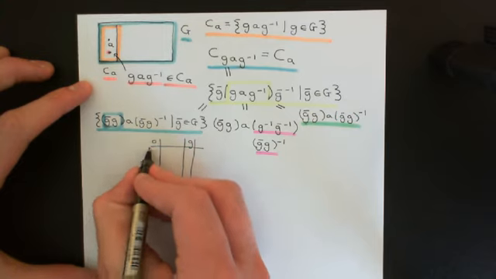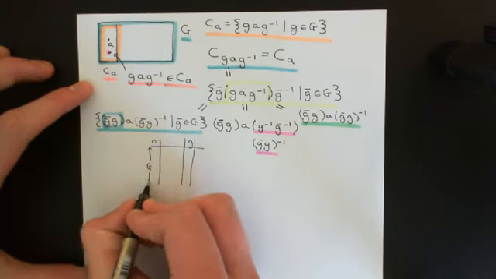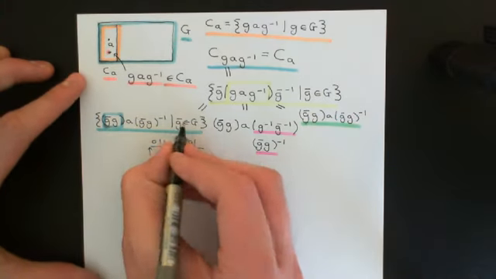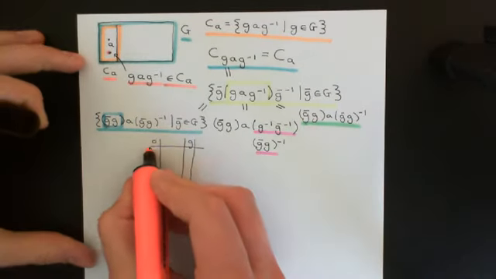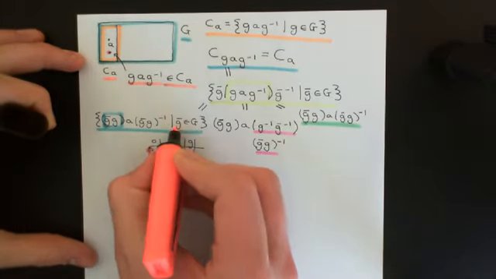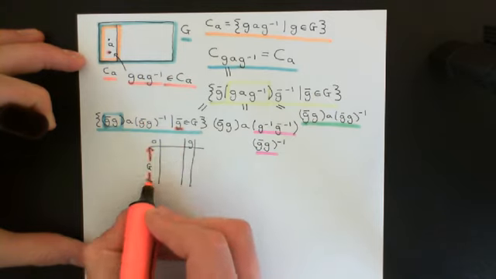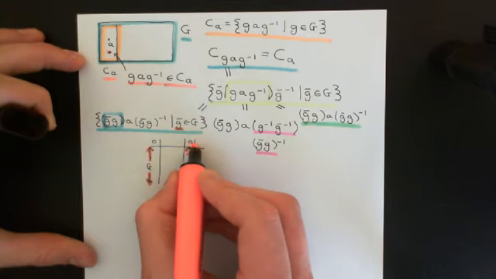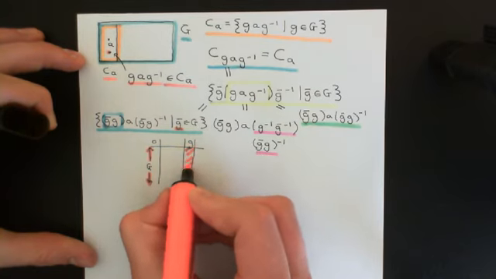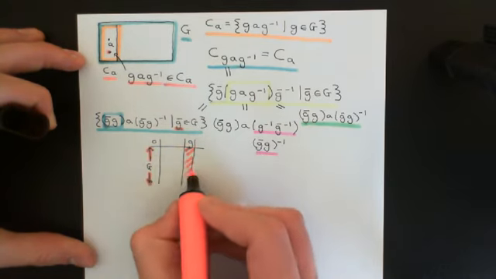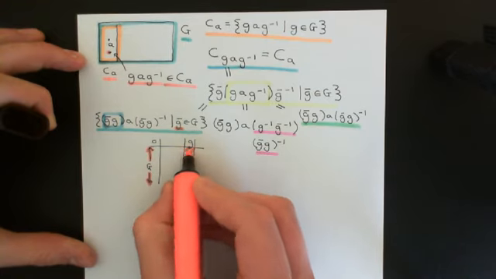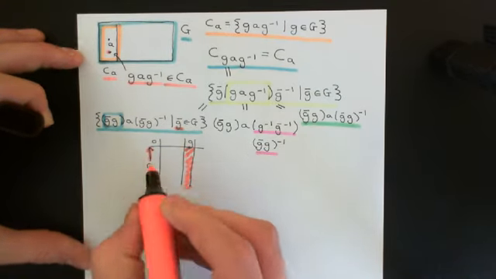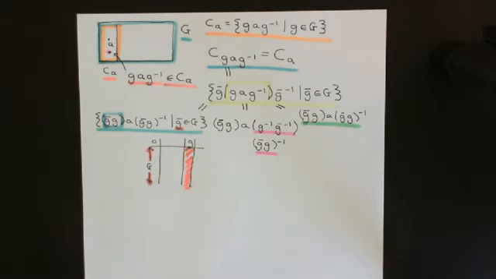I am going through every element g bar of the group, and I'm asking what do I get once I've multiplied it by this element little g. So I'm constructing g bar g, effectively constructing this entire column here. And we know that the rows and columns of a group composition table contain every element of the group once and only once.